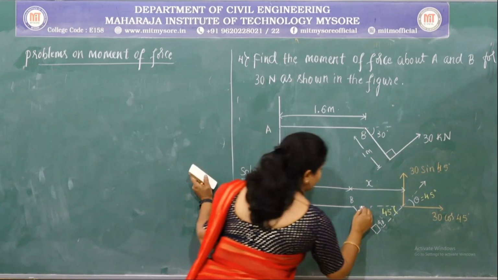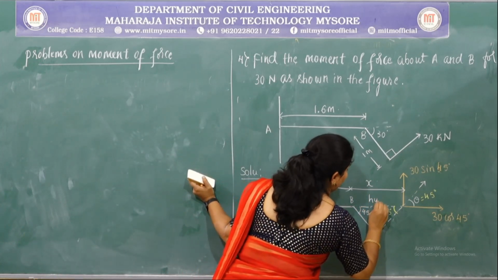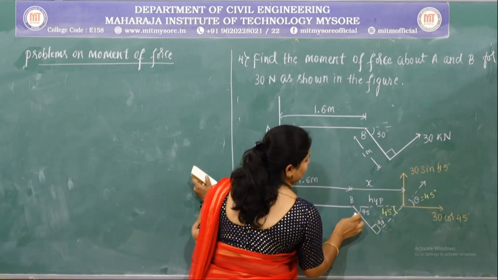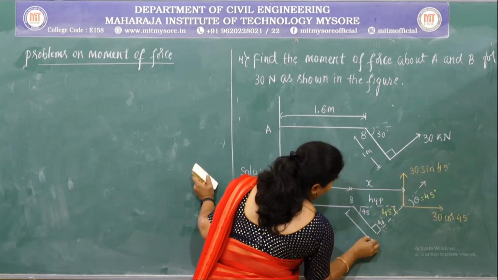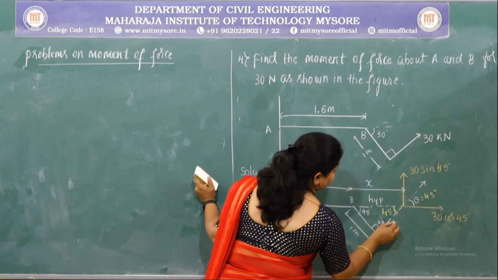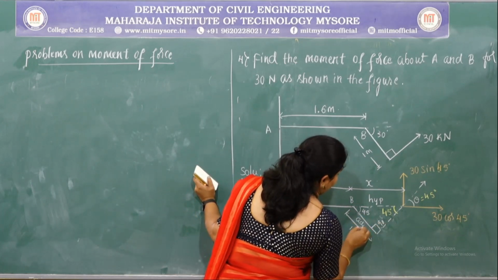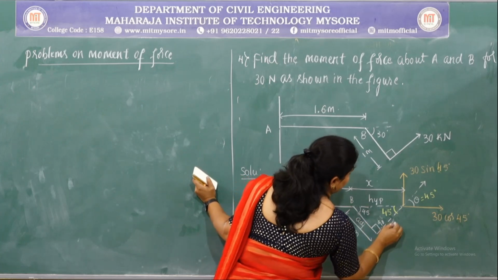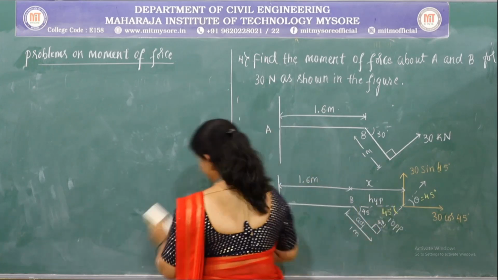This will become the hypotenuse side for this angle, this will become the adjacent side and this will become the opposite side.